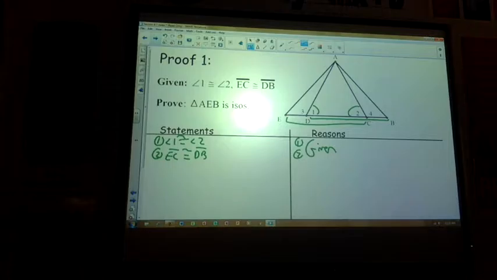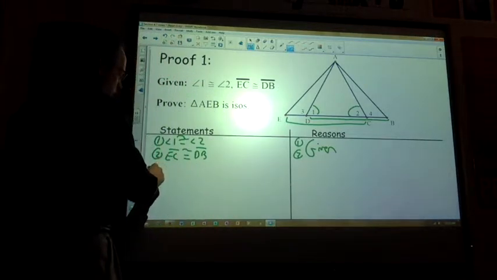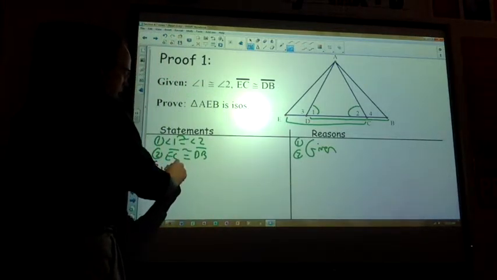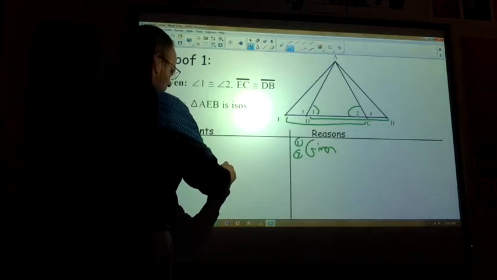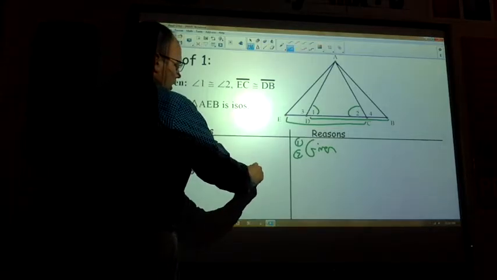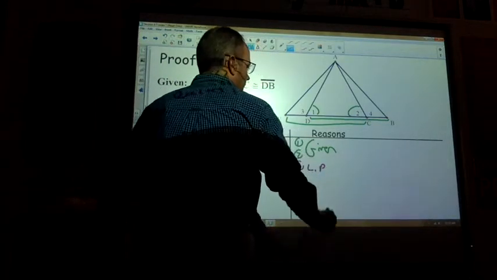Oh, angle 1 and 3 are supplementary. Okay, I agree. I like that. Linear pair. So angle 1 plus angle 3 and angle 2 plus angle 4 equal 180 degrees. It's linear pair.